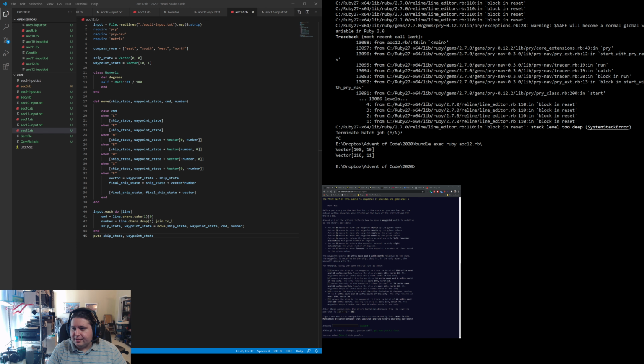Then the next step there, after this, is to do the rotation, which I looked up that function earlier.